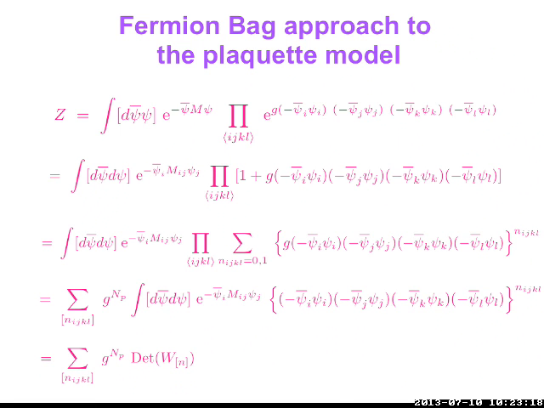Traditionally, what I would have tried to do is to introduce an auxiliary field to make this bilinear, and then I just showed you that there is a horrible sign problem in that particular approach. But in this approach what I would do is just write this as 1 plus G, and then I know that for every plaquette I can either pick a 1 or this G term. So now I introduce a discrete field on each plaquette.